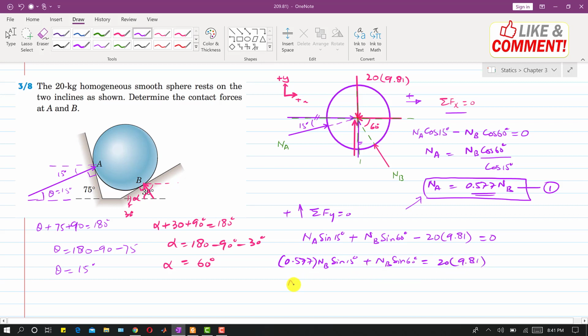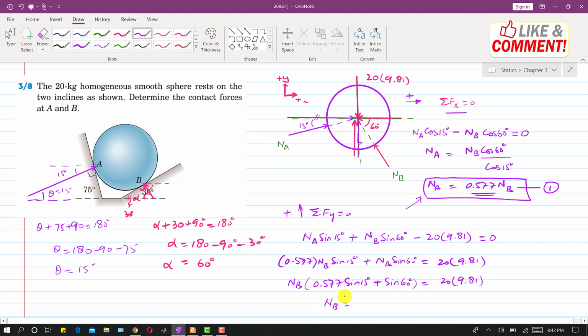If I take NB common, this will be NB times (0.577 sine of 15 degrees plus sine of 60 degrees) equals 20 into 9.81, and if we divide by this term, we will get NB.